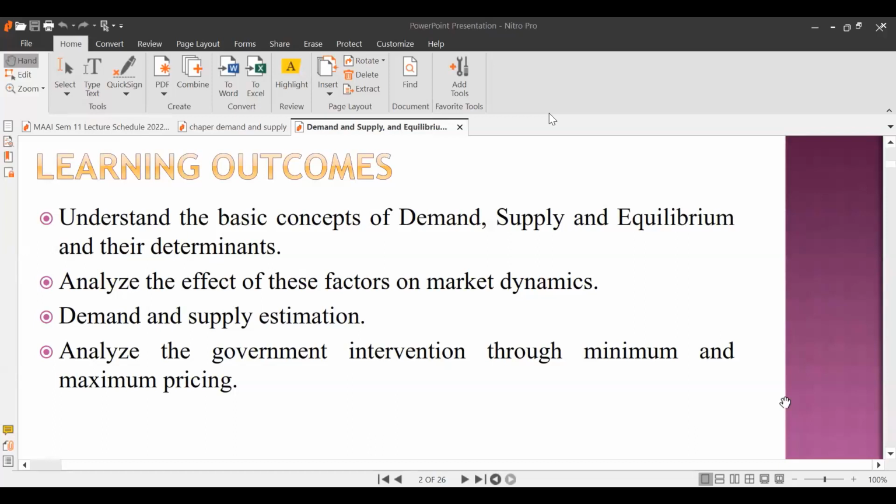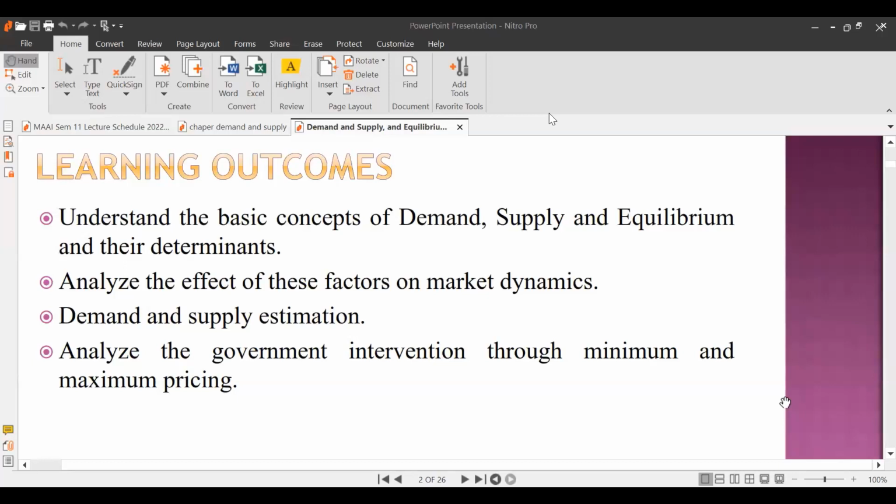Under those topics we should consider arithmetic calculations, not only descriptive analysis. Economics is a very interesting subject, where we are concerned not only with the descriptive part but also with arithmetic calculations.